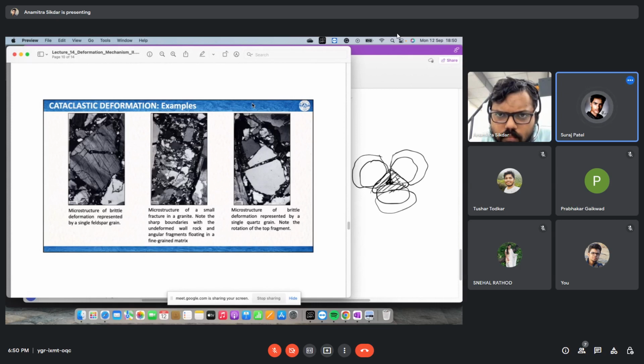Okay, so cataclasis. Suppose you have some kind of heavy object, right? And you want to move it. Or suppose you have a sack of rice, and you want to move it.